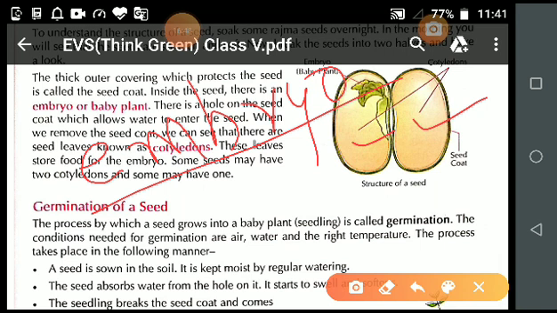Because when the embryo, the baby plant, comes out, the first part which comes out is the root. And when the root is not in touch with the soil, at that time the embryo is getting the food for its growth from these cotyledons. Is it clear? And once the root comes in touch with the soil, then it starts absorbing water and nutrients from the soil.